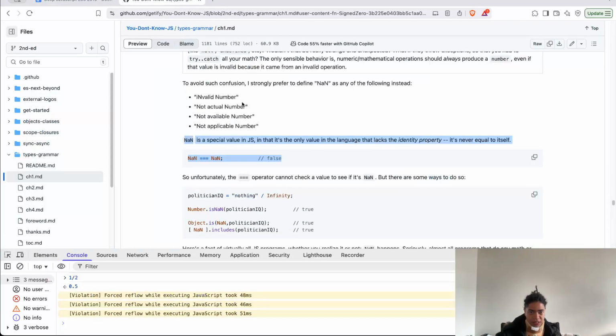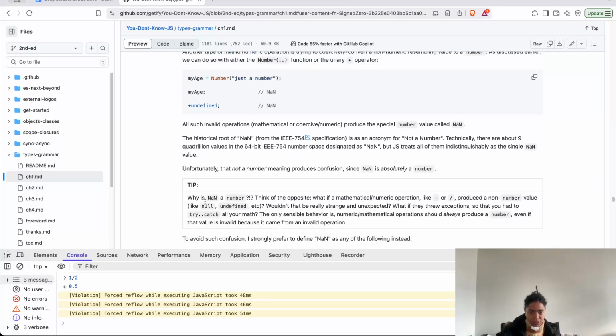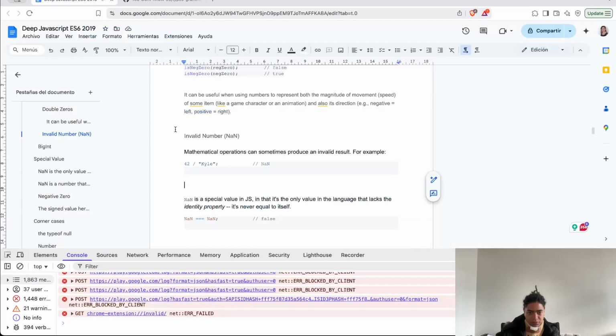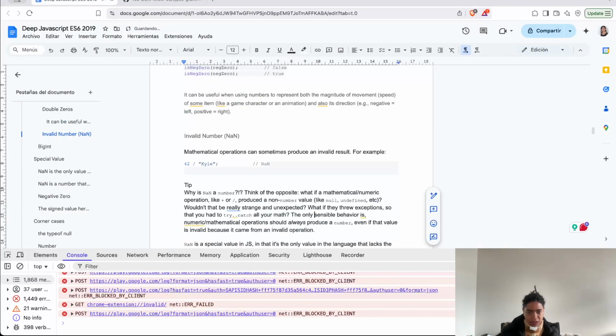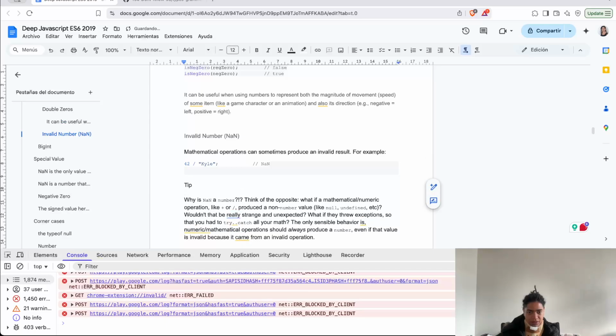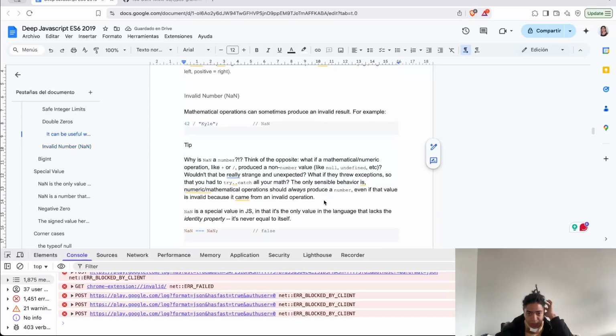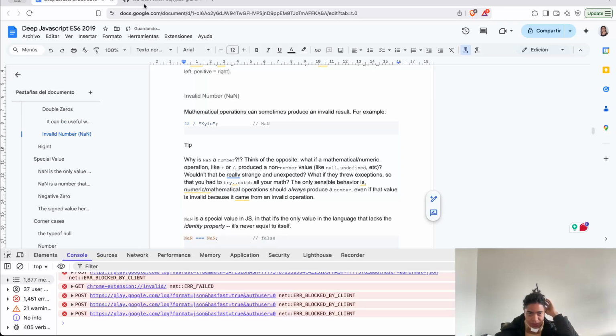And if you think about this, why NaN is a number, right? So you say typeof. Why is NaN a number? So if you think about the opposite, you get that as it is, right?